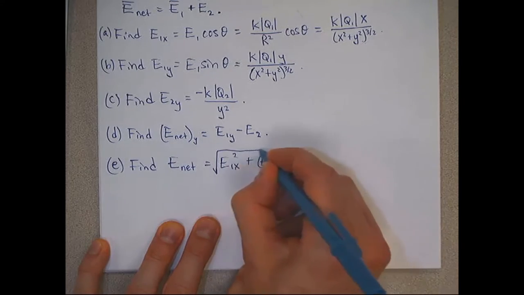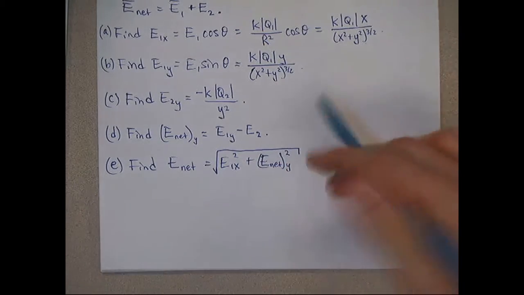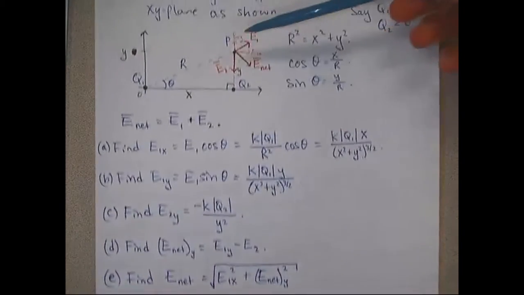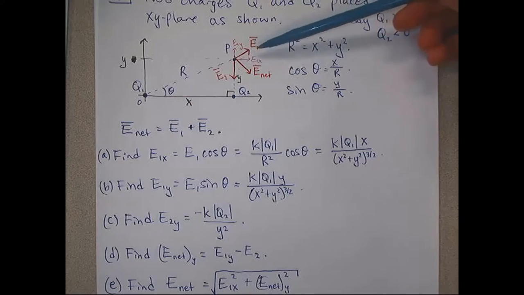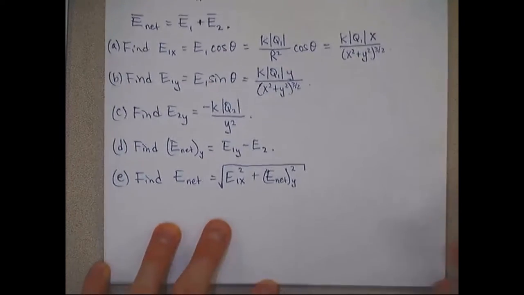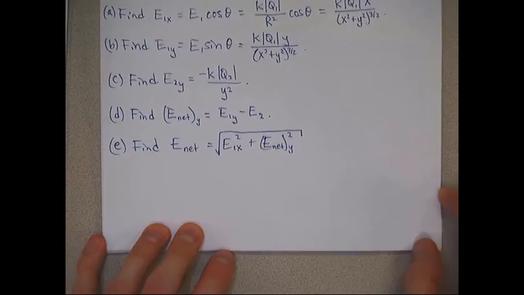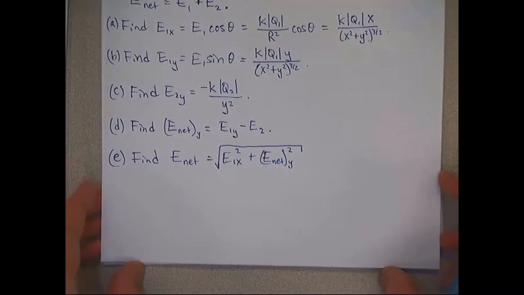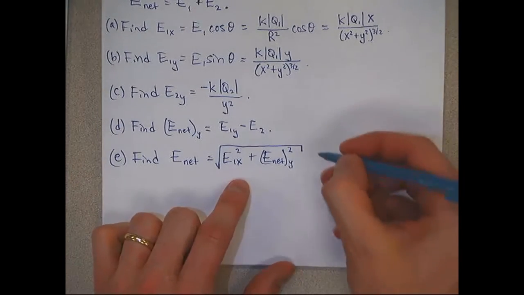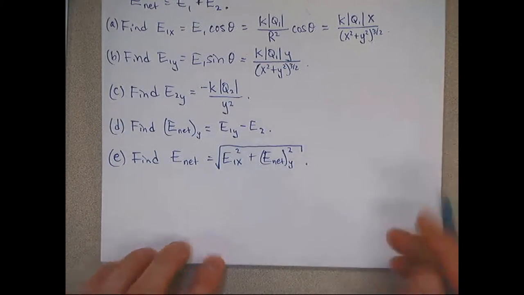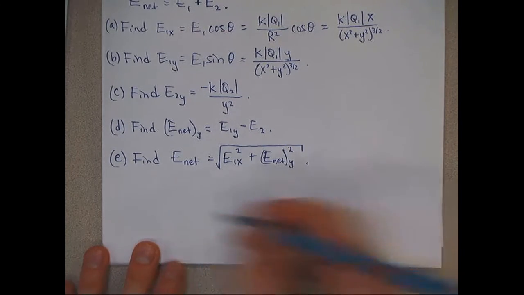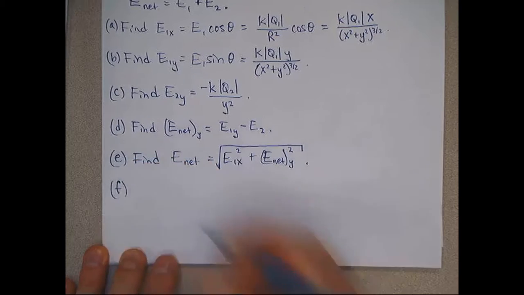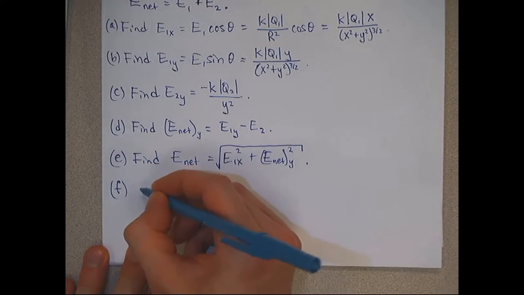It is. We just have no x component of E2, so the x component of the net electric field is simply the x component of E1. So we're just finishing the Pythagorean theorem here. You have, again, the expressions above. If you were given numerical values, you could calculate that out.